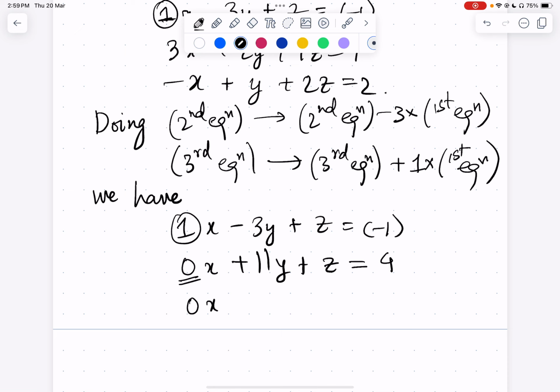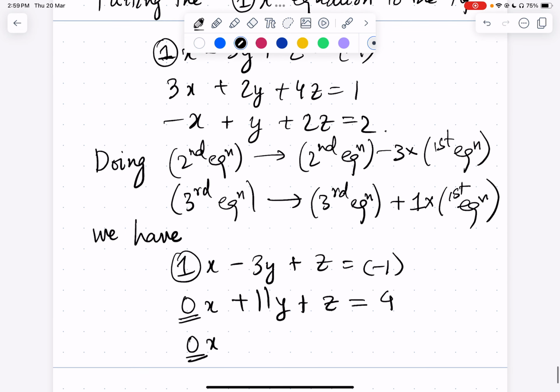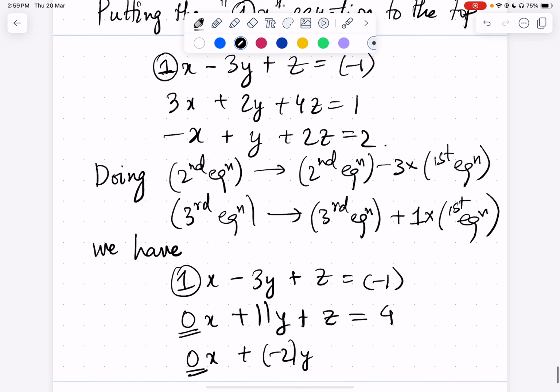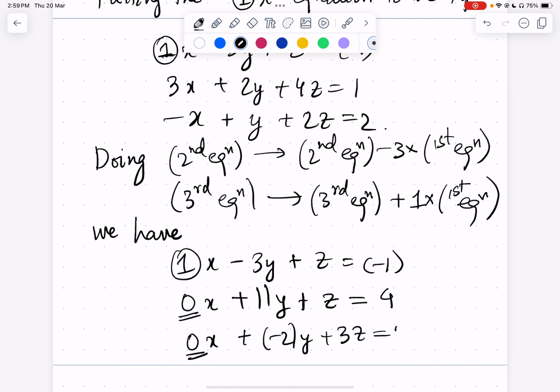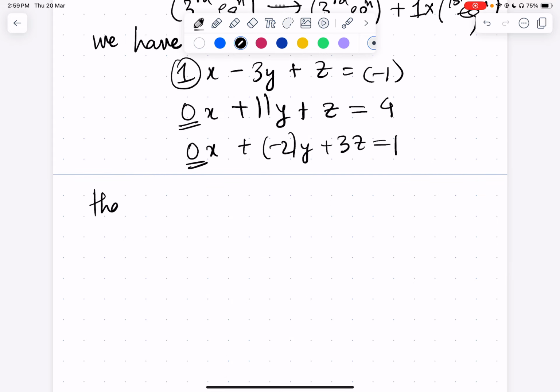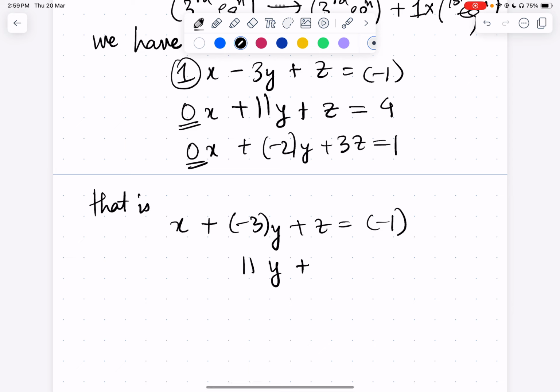Similarly, the third equation becomes 0x minus 2y plus 3z equals 1. Our job with 1x is over. x minus 3y plus z equals minus 1. Now we get 11y plus z equals 4, and minus 2y plus 3z equals 1.